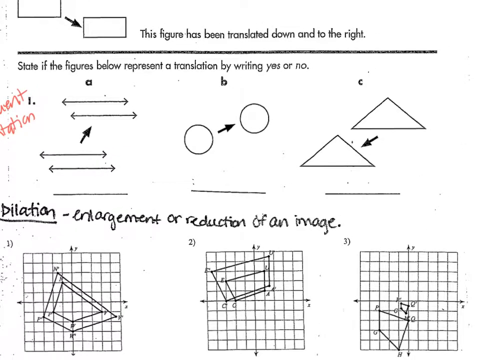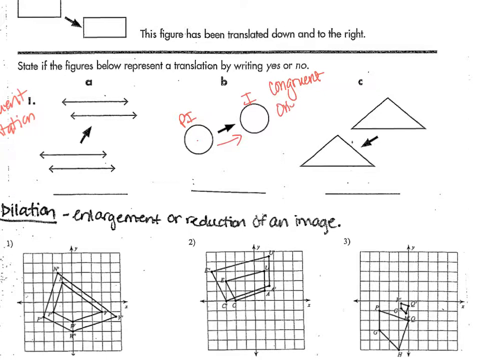B, same thing, from the pre-image to the image. The size doesn't change, so that means it's going to be congruent. And it would be hard to tell, but it just slid this way, so it didn't turn or anything.